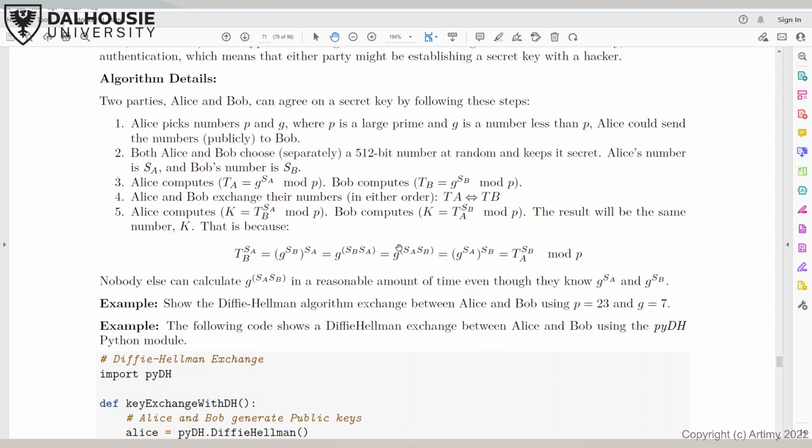If I flip them, so reverse them, that's G to the SA to the power of SB, which is TA to the power of SB mod P. So this was the number taken from Bob, and Alice used her own secret, and this was the message that came from Alice, and Bob used his own secret. So both of them are the same because of this.